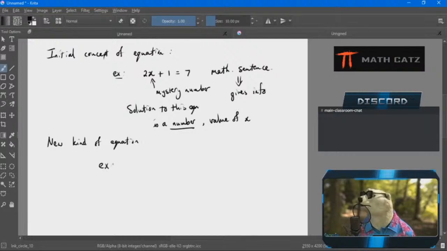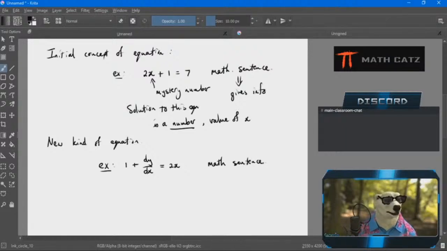And I'm going to give an example. I'm going to say here 1 plus the derivative of y with respect to x equals 2x. This is certainly a mathematical sentence.